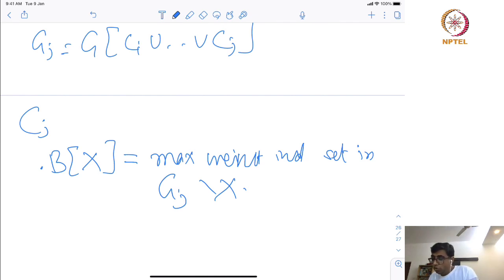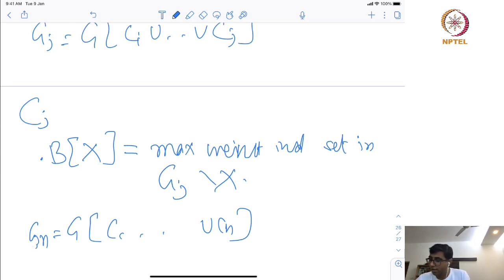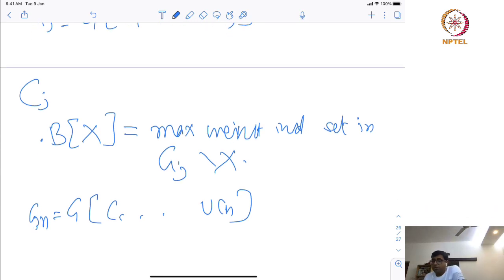I can find the max weight independent set of my whole graph G by looking at Gn, which is the columns C1 union up to Cn. Then the max weight independent set has either an empty or a non-empty intersection with the last column, and based on that we can do everything.